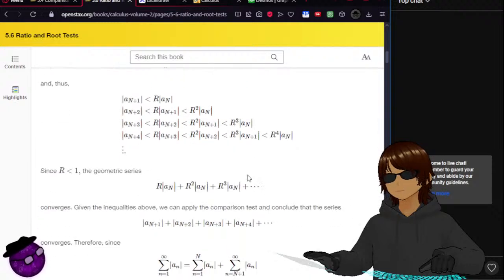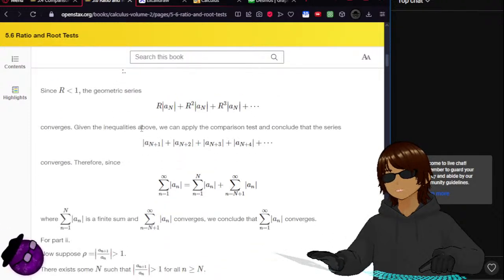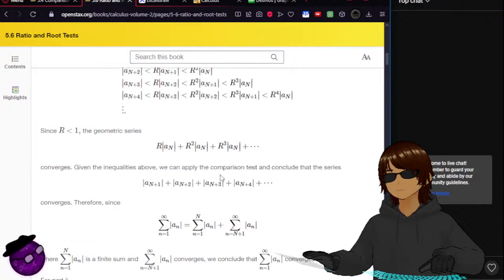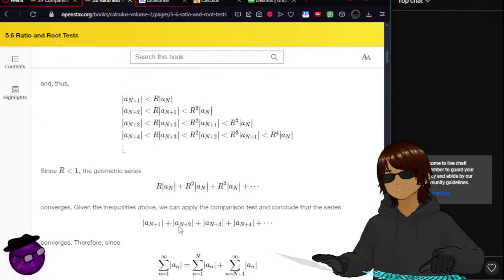Since r is less than 1, the geometric series converges. Given the inequality above, we can apply the comparison test and conclude that a(n+1), a(n+2), a(n+3), a(n+4) also converges.